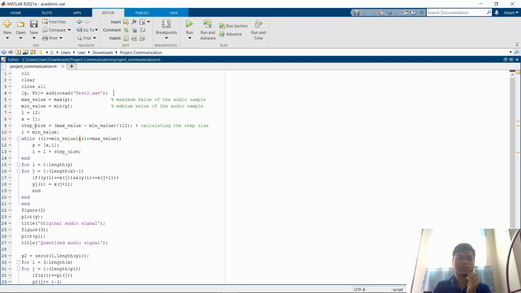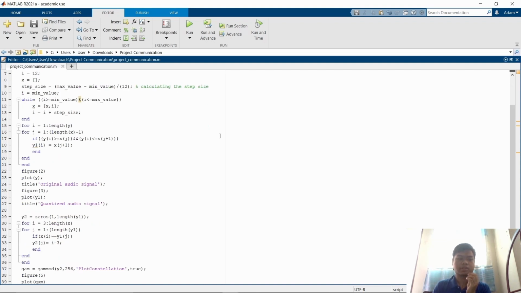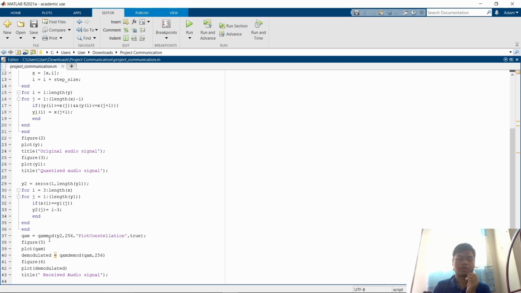And then it will generate the step size, that is the maximum value minus the minimum value, divided by 12. Then we use the QAM modulation to modulate the constellation.